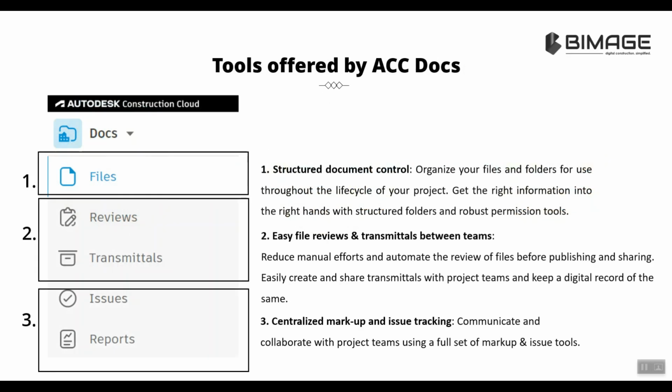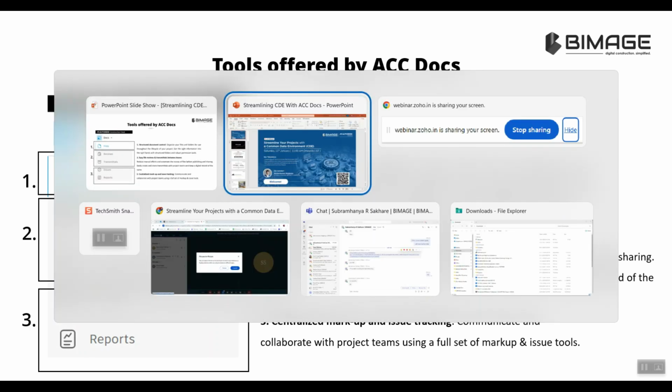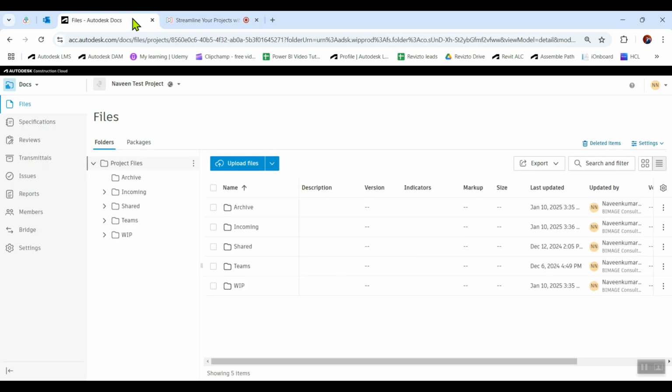So when it comes to the tools offered by the ACC, let me just switch to the ACC platform. Whenever you log into the Autodesk Construction Cloud page, that is acc.autodesk.com, and go into your projects, this is how you will see the Docs platform.